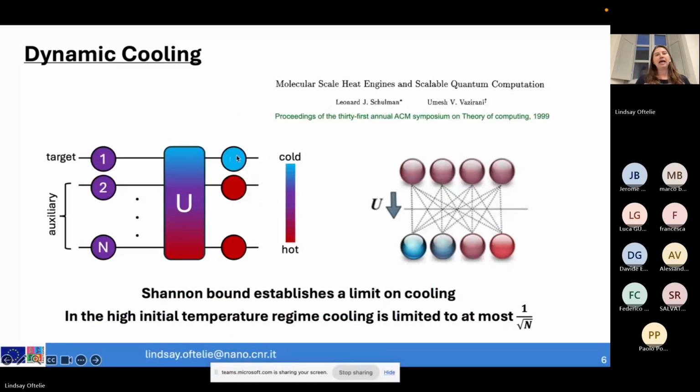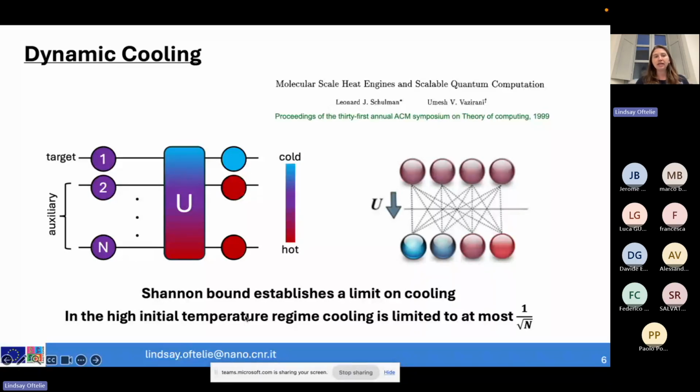And at the time that dynamic cooling was proposed, the quantum computers in existence were NMR quantum computers, nuclear magnetic resonance quantum computers. And these quantum computers had qubits at very, very high initial temperatures. And so using the assumptions of the Shannon bound, they did some back of the envelope calculations to estimate how cold you can get this qubit as a function of the number of auxiliary qubits you're using.